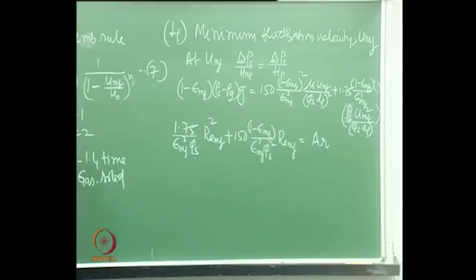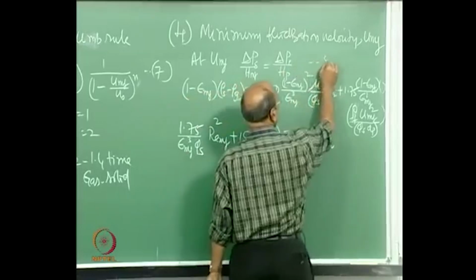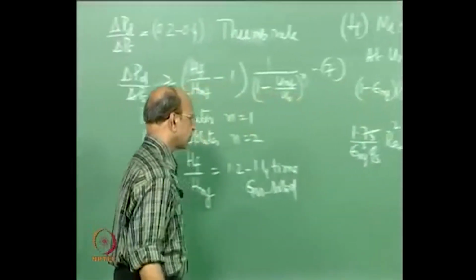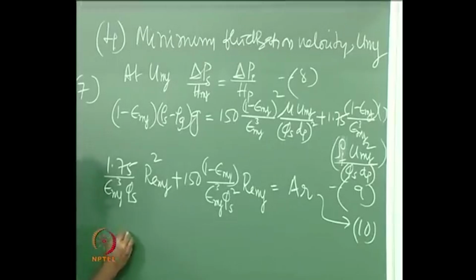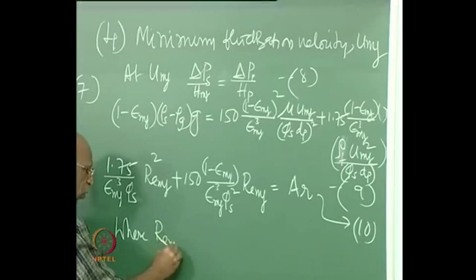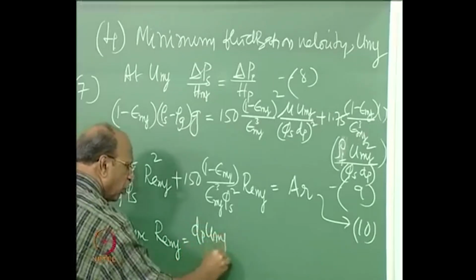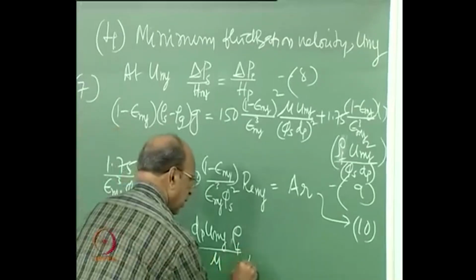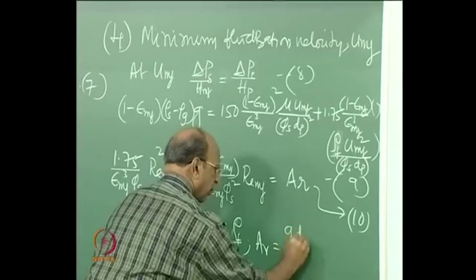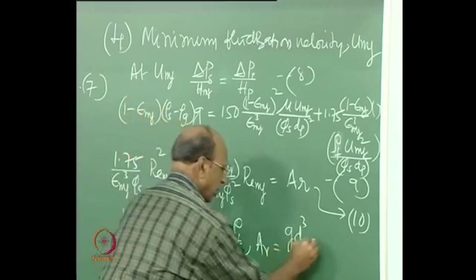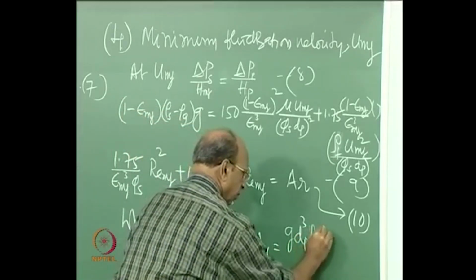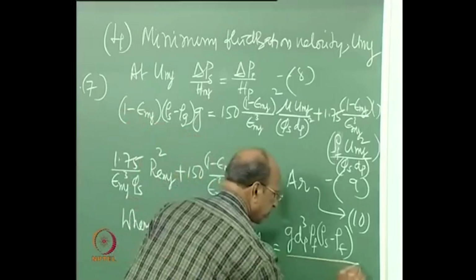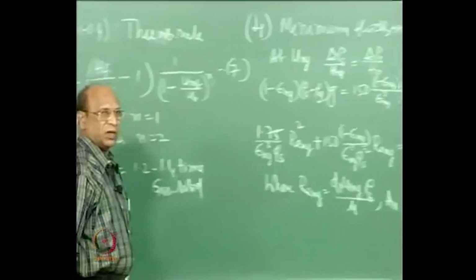This is equation 10. Where REMF equals dP UMF rho f by mu, and Archimedes number is g dP cubed rho f (rho s minus rho f) by mu squared.